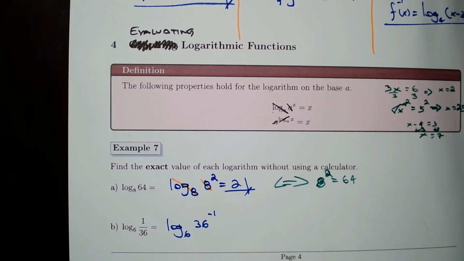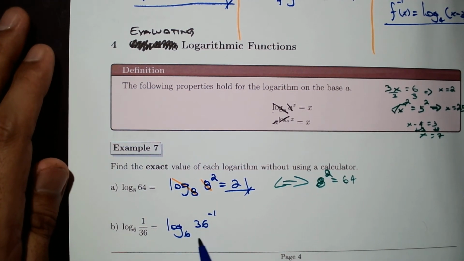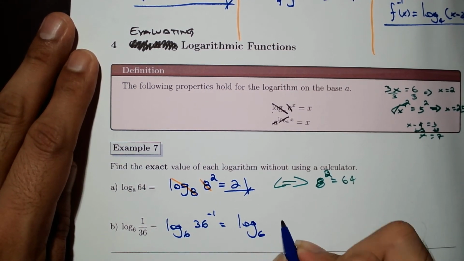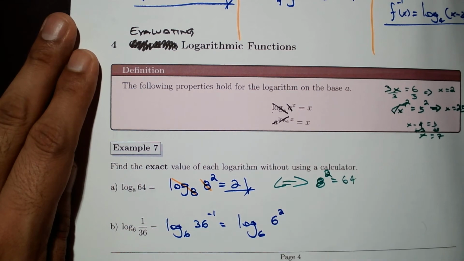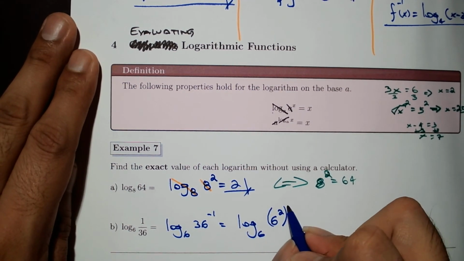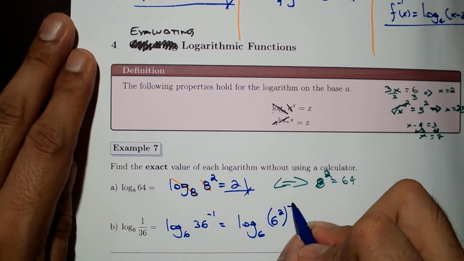Now let's work with the number 36. It turns out that the number 36 is a perfect power of 6. That is 6 to the second power. But don't forget, this is raised to the negative 1.